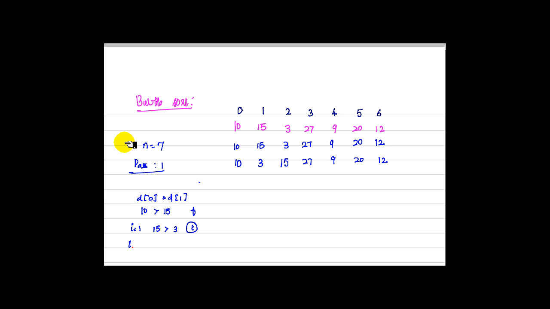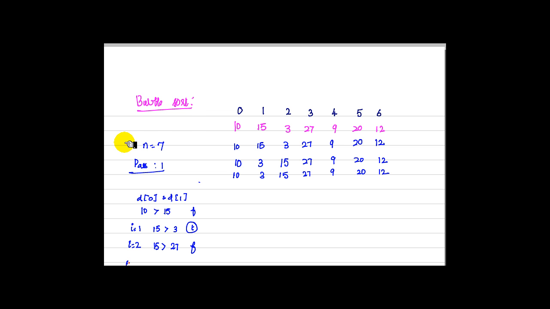Now i gets incremented to 2. We check at the second position: is 15 greater than 27 at the third position? It is false, so we are not going to change the array. We retain it as such.